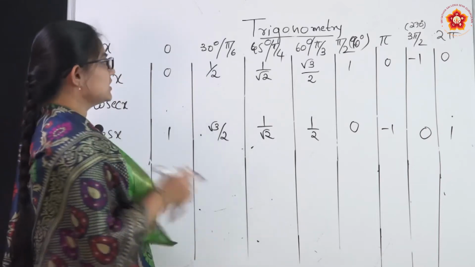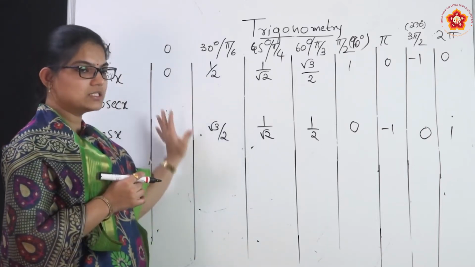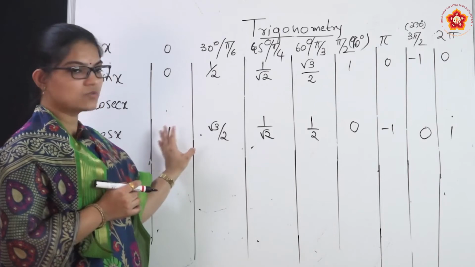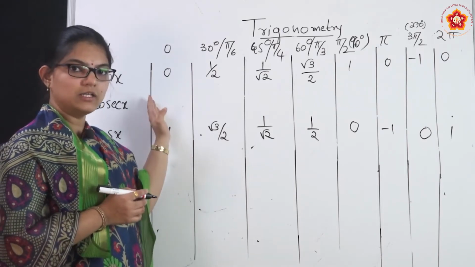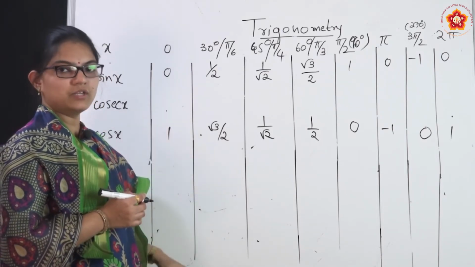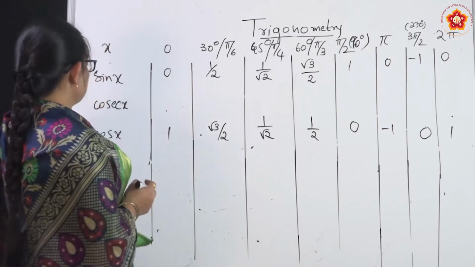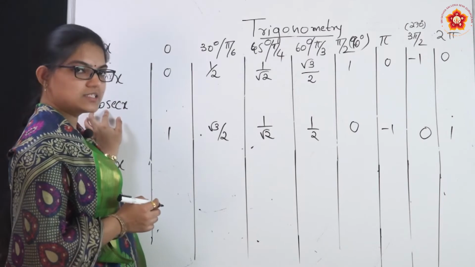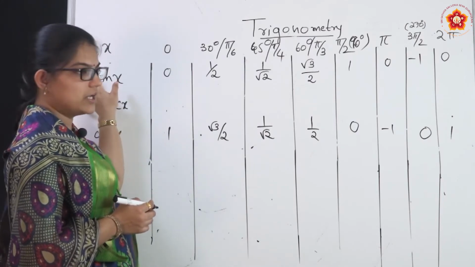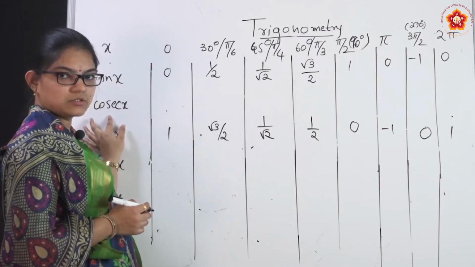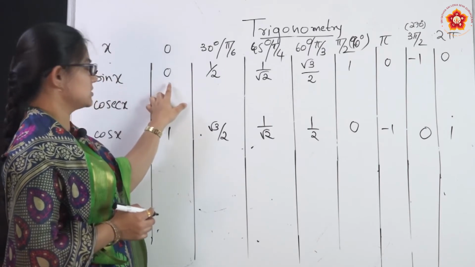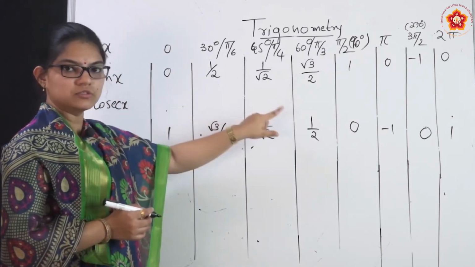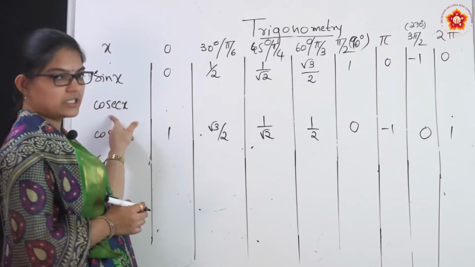Now by using these values, please remember these two functions' values so that you can derive the values of the other remaining 4 functions. So cosecant x is the reciprocal of sin x, right? 1 by sin x is nothing but cosecant x. So you just find the reciprocal of the values so that you will get the cosecant x value.